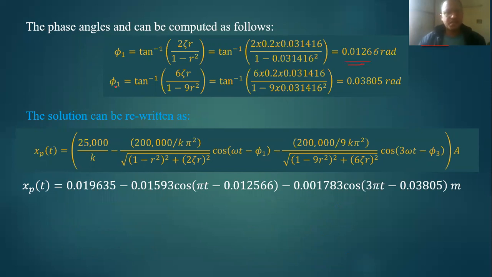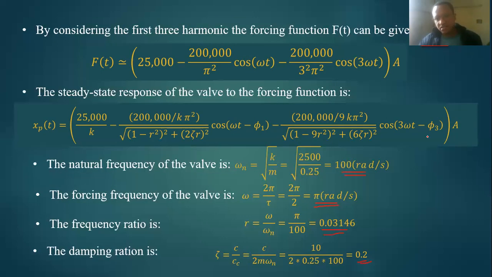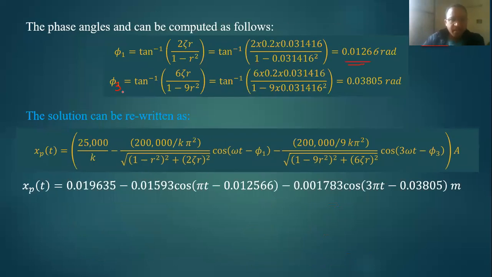So the phase angle is directly phi 1, this one. And this is phi 3, sorry, this is phi 3. Here it is phi 3, and here it is phi 1. So phi 3 is equal to tan inverse of 2 times 3 zeta r over 1 minus 3 square r square, which gives us 0.03805.